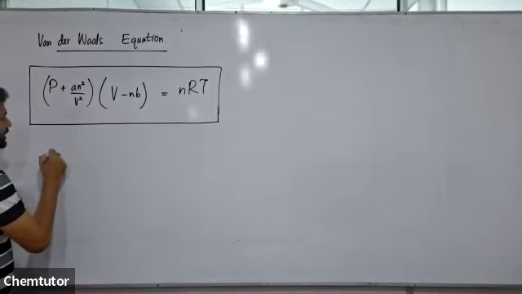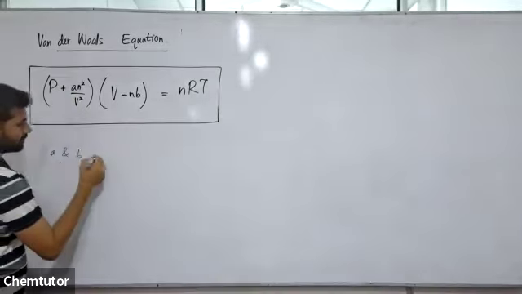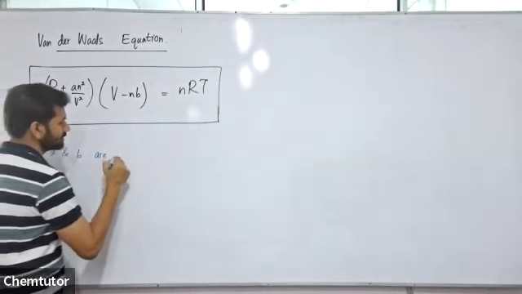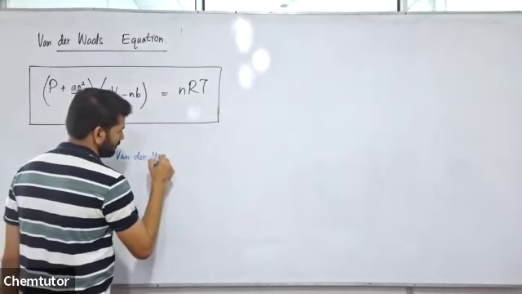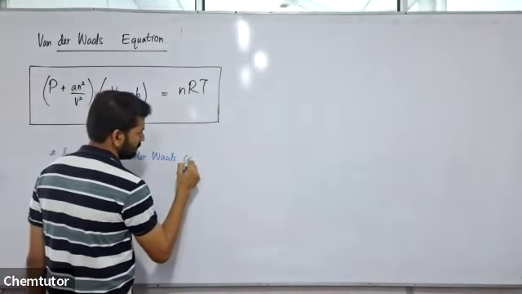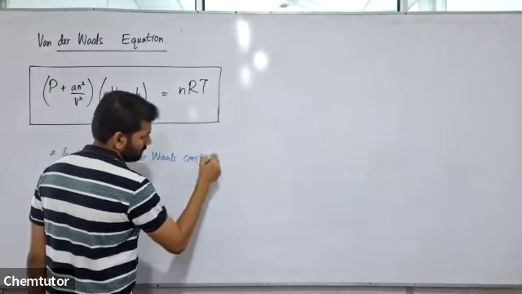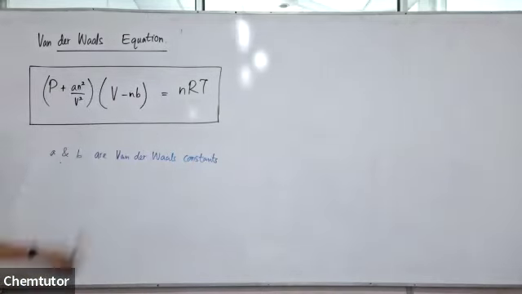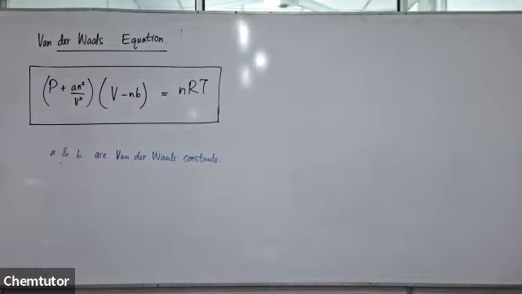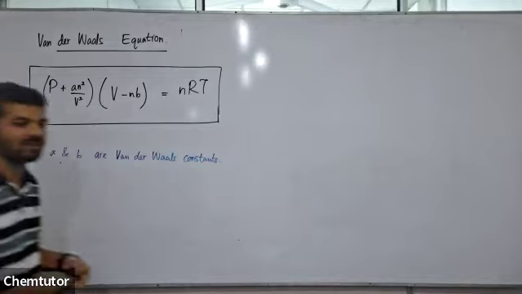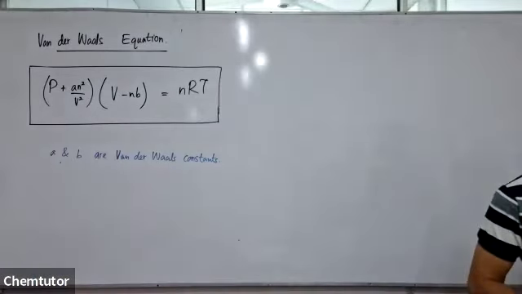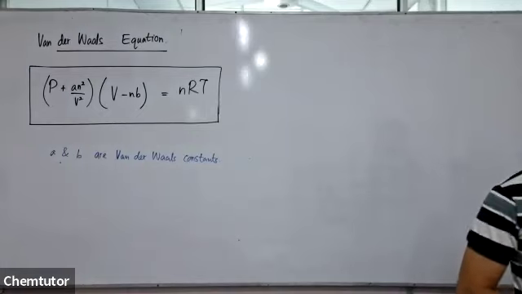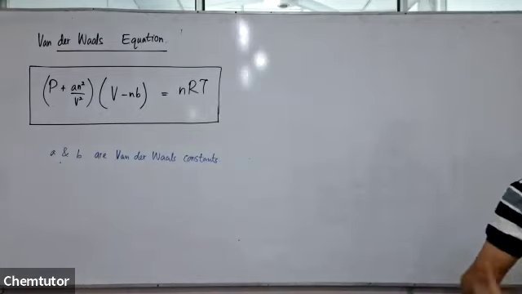So we can say a and b are Van der Waals constants. Simply n is the number of moles and b is the volume correction. Usually, those are given with respect to the gas. Actually, you don't need to remember those values. Even I can't.